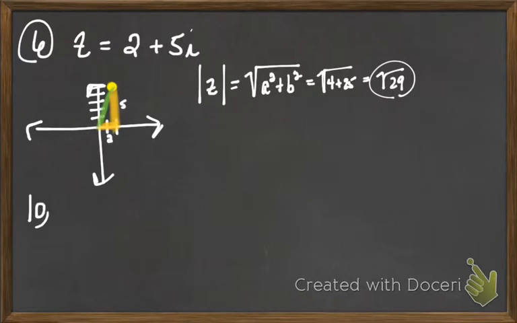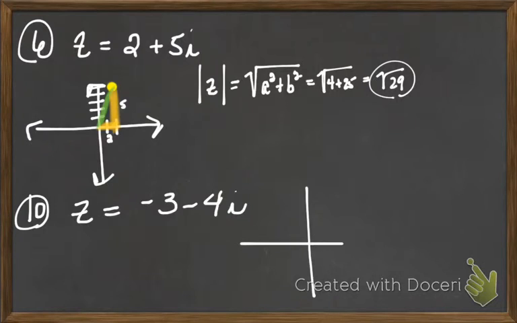All right, let's look at number 10. Number 10, still in the same set of directions. Z is equal to negative 3 minus 4i. Got our little imaginary axis and our real axis.